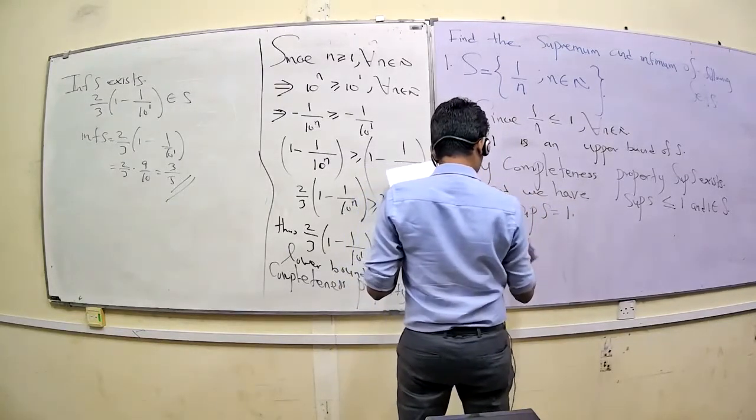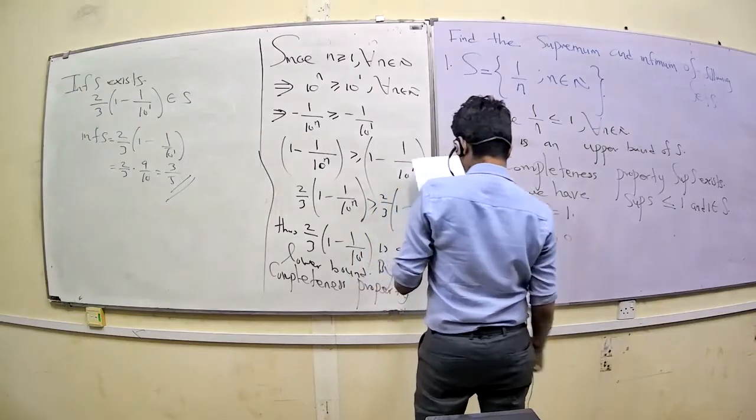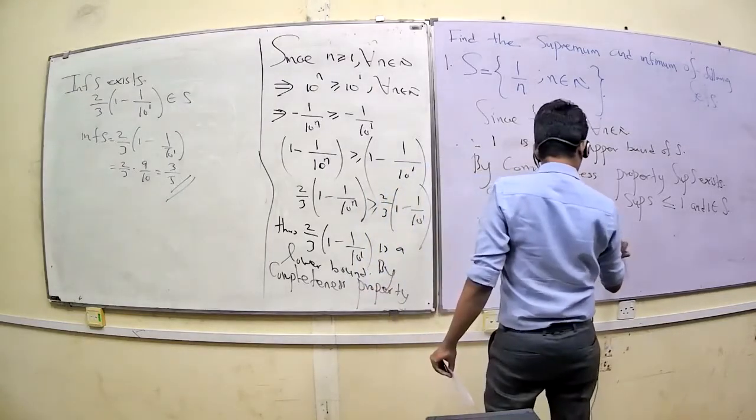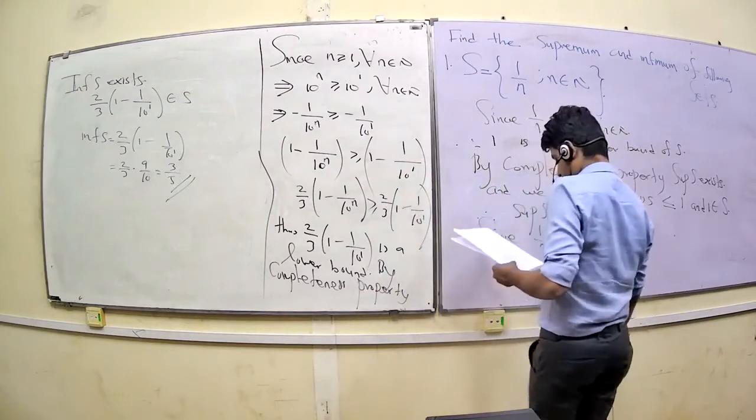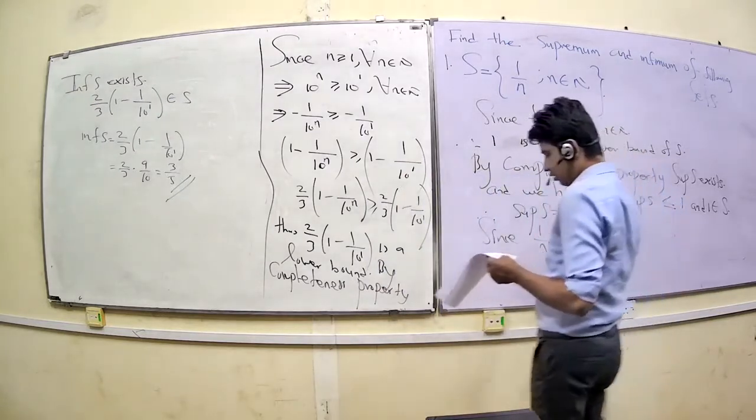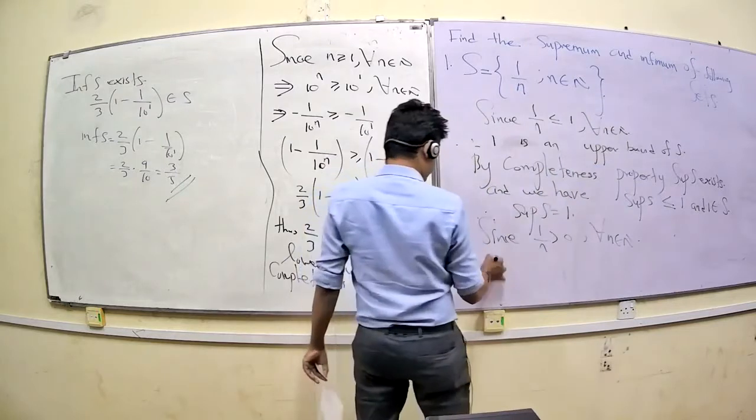Since 1 over n is obviously greater than 0 for all n belonging to the natural numbers, therefore 0 is a lower bound of S.